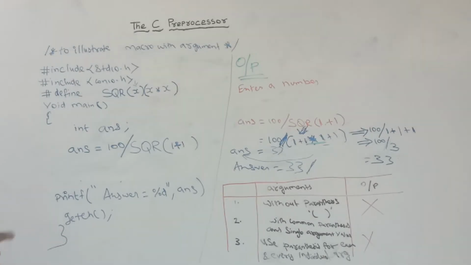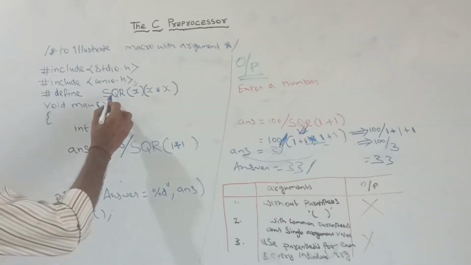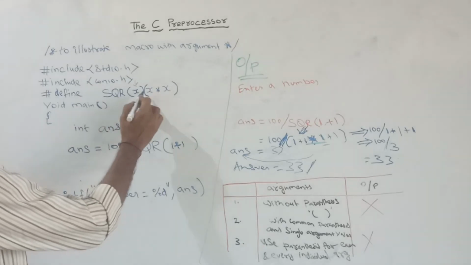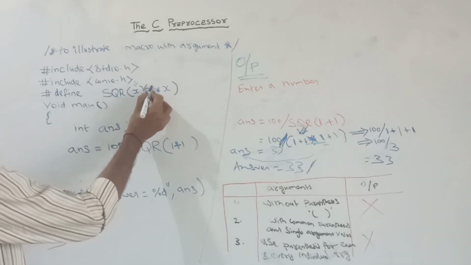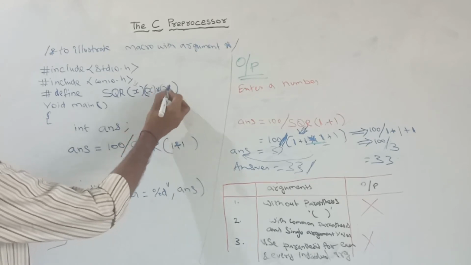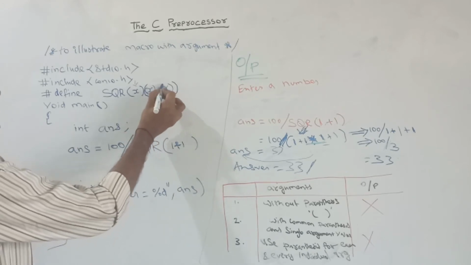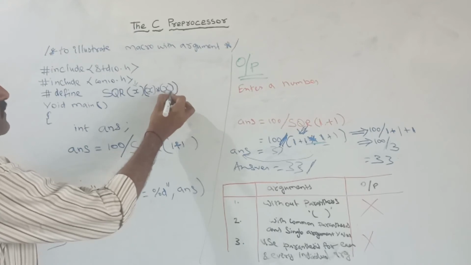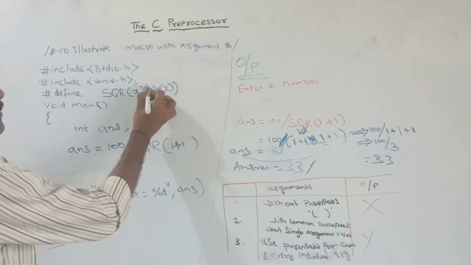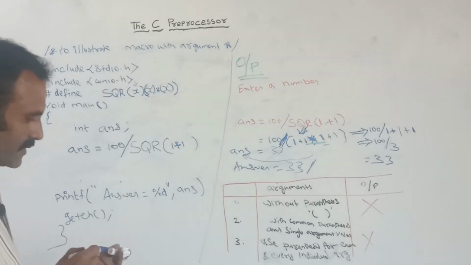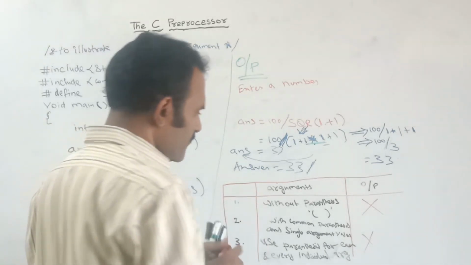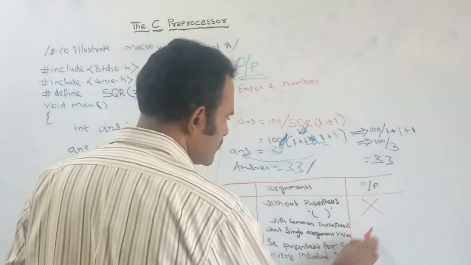So instead of specifying like this in the definition part, you should specify each and every argument within parenthesis, open and close parenthesis. This is the right way. If you declare like this, the third one is right.